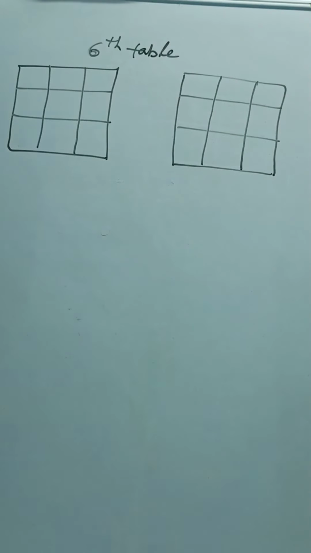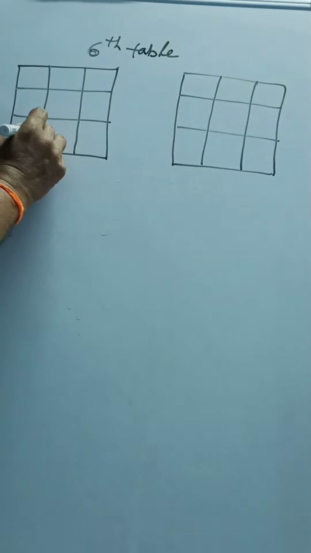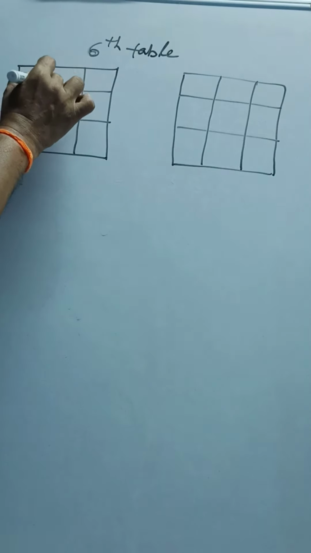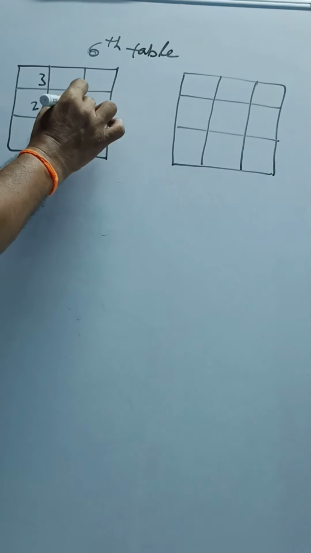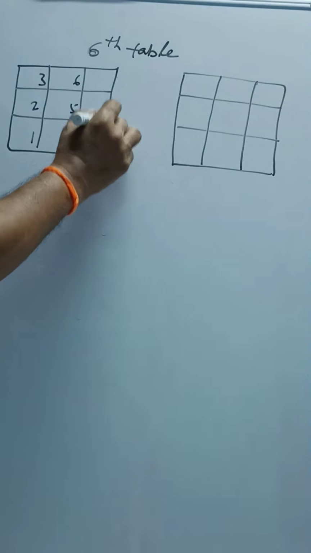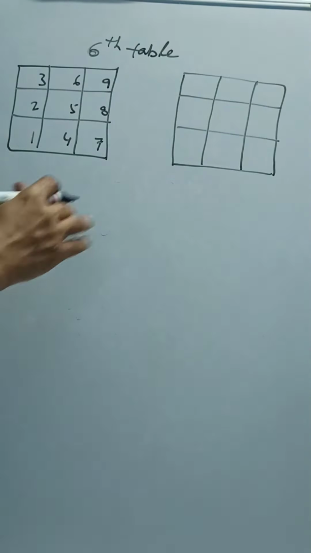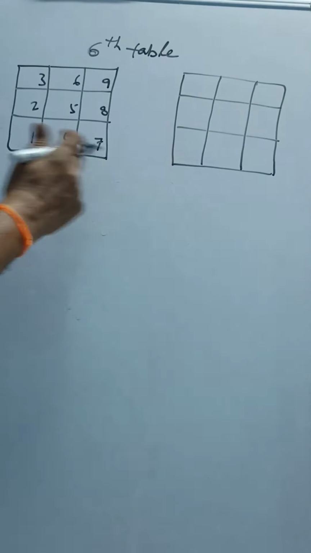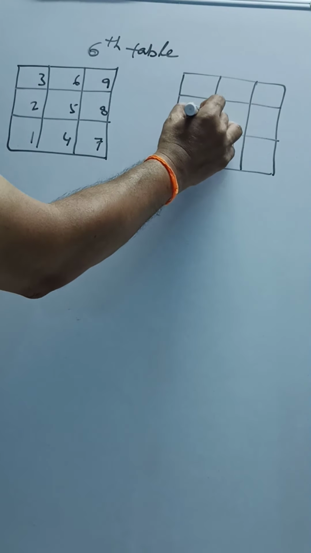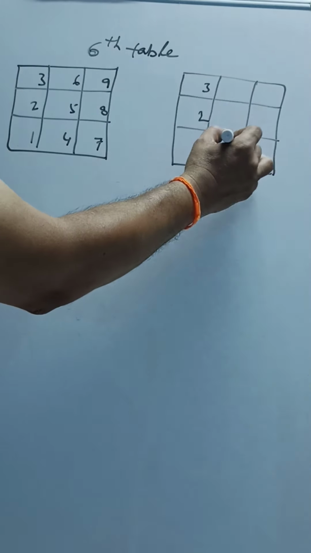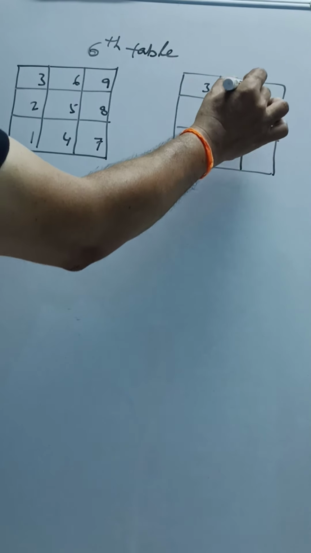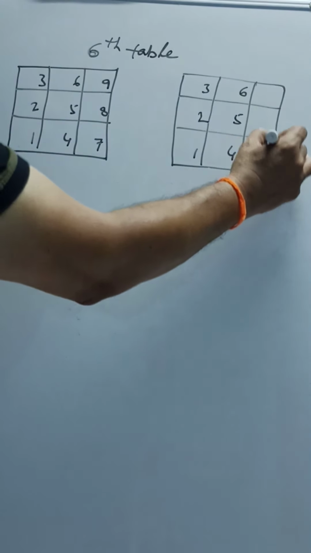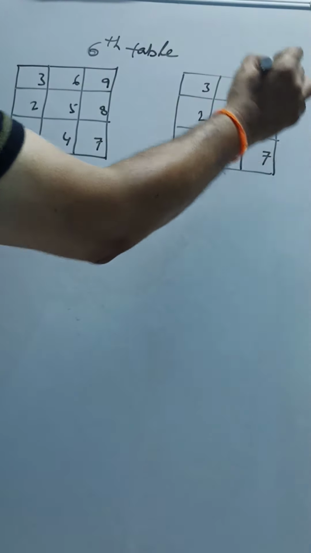And fill the boxes from the bottom column. 1, 2, 3, 4, 5, 6, 7, 8, 9. And the next second box also with the same numbers. 1, 2, 3, 4, 5, 6, 7, 8, 9.